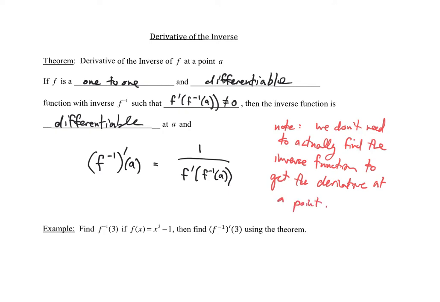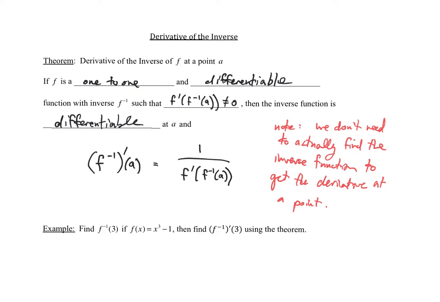All we need to know is a couple of things. We need to know, where did the point A come from? That's what the f inverse of A is. And we also need to be able to calculate the derivative of the original function f. What we do not need to calculate is f inverse itself.